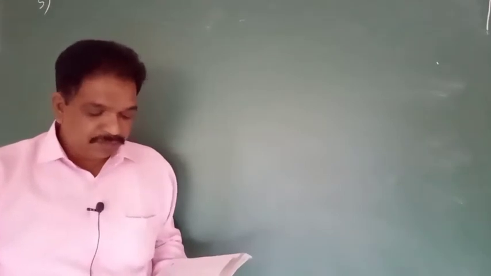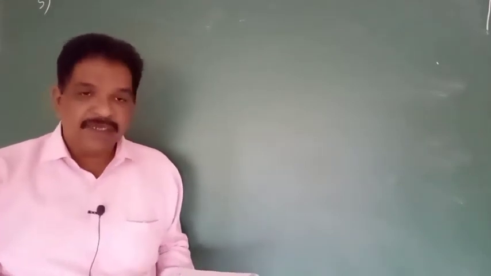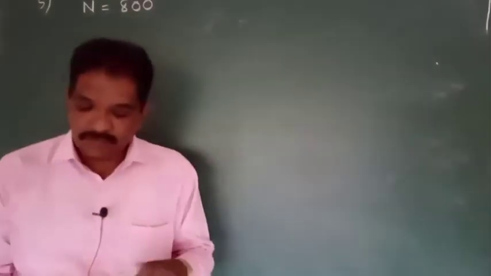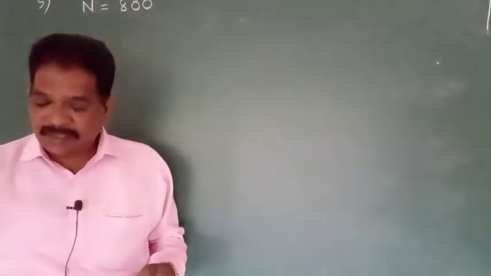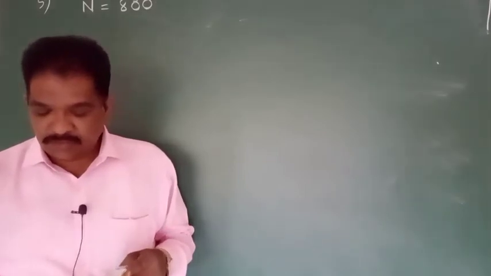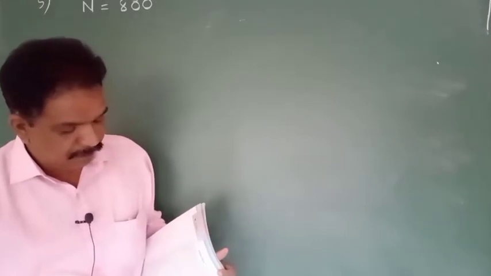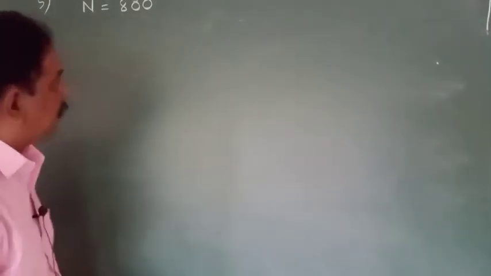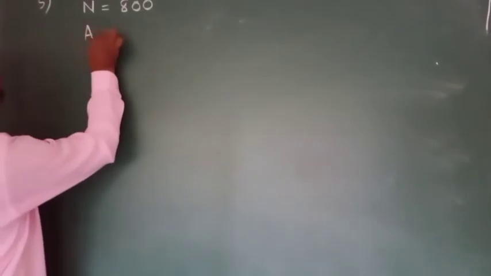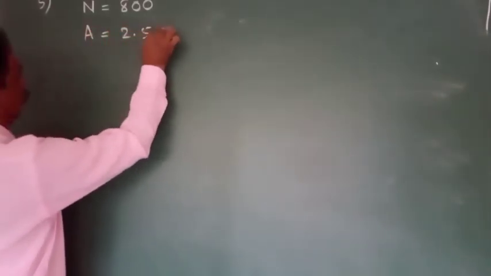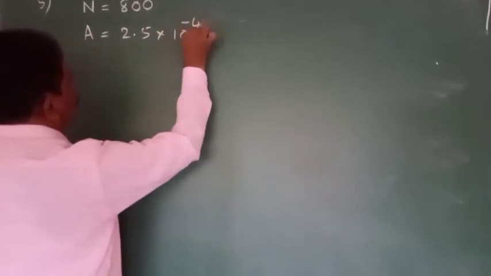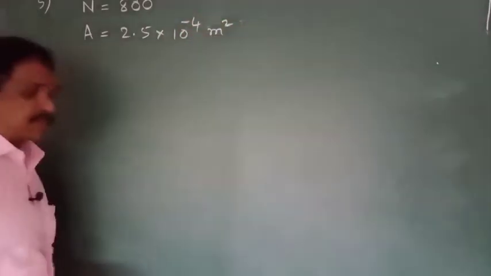A closely wound solenoid of 800 turns. One solenoid is there, and the number of turns in that solenoid is 800. The area of cross section is 2.5 into 10 power minus 4 meter square.